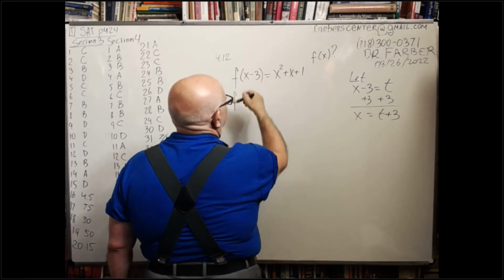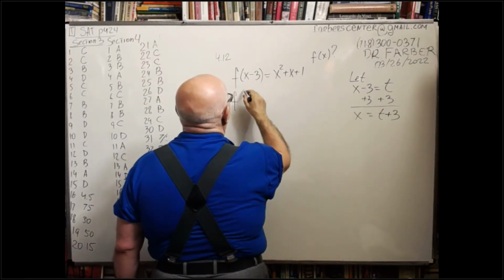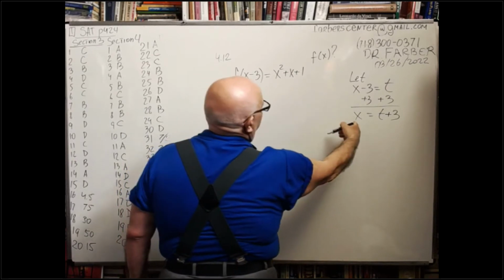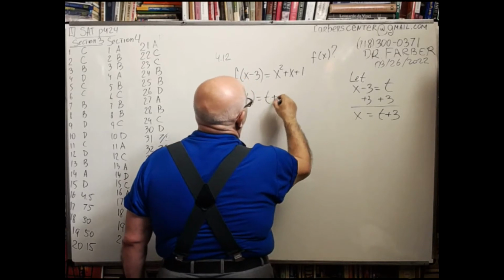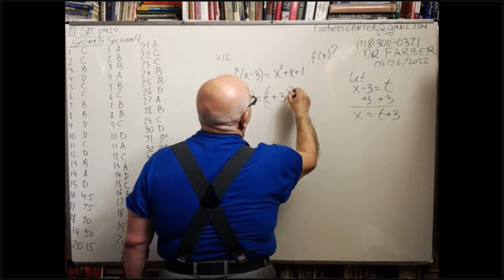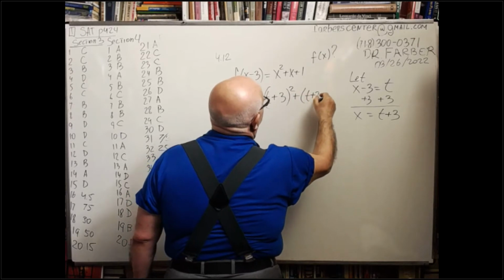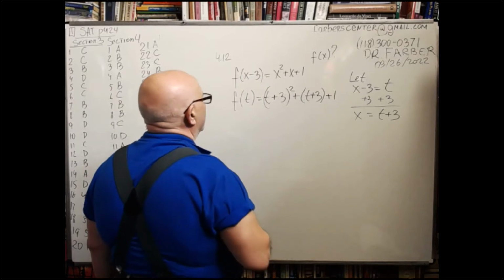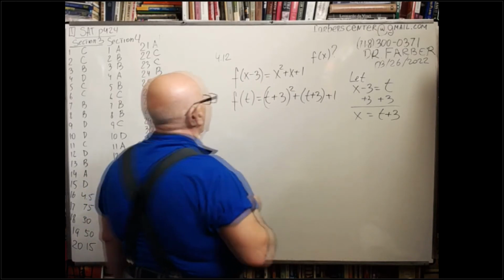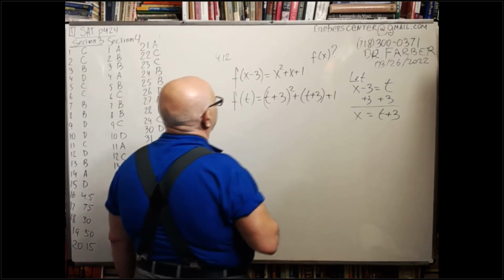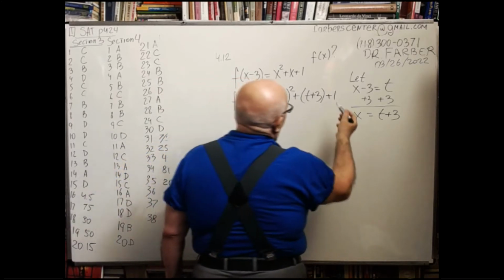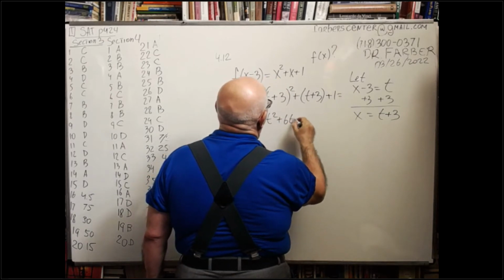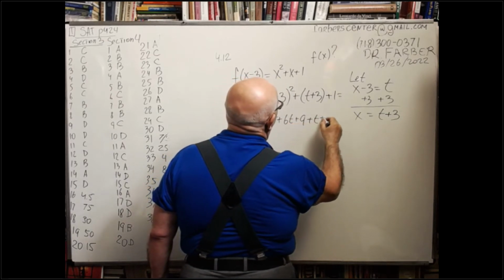f of t, since x minus 3 is t, by substitution equals x squared. What is x squared? It is t plus 3 squared plus t plus 3 plus 1. Or you can do this one: t squared plus 6t plus 9 plus t plus 3 plus 1.